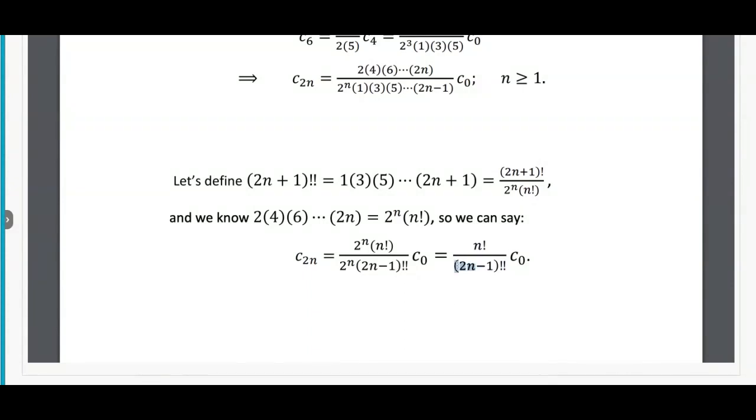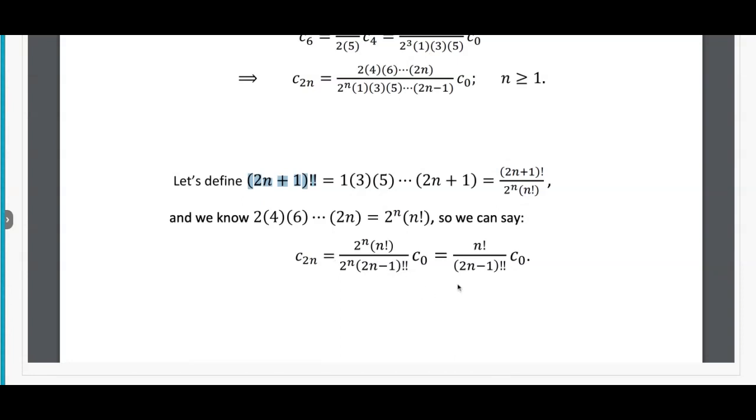Okay, so just to simplify this writing, we can always define something to write the expressions in a simpler version. So in this case, let's redefine 2n plus 1 factorial divided by 2 raised to n divided by n factorial. Let's redefine this with a simpler expression, but with a double exclamation mark.